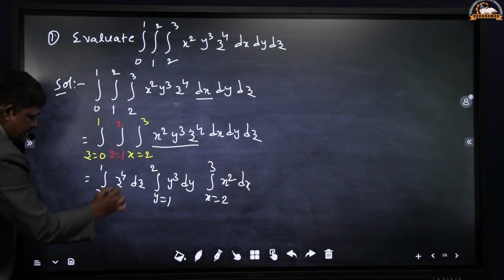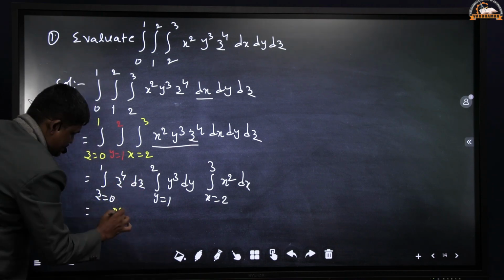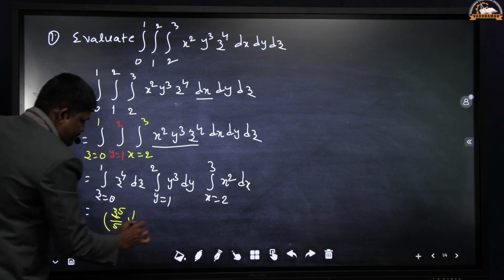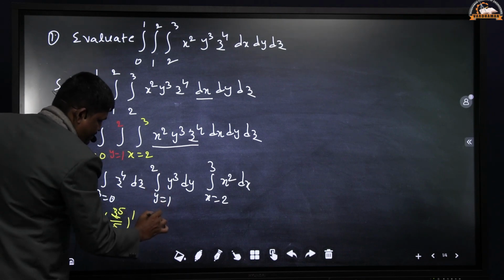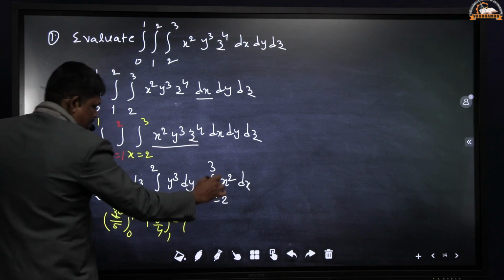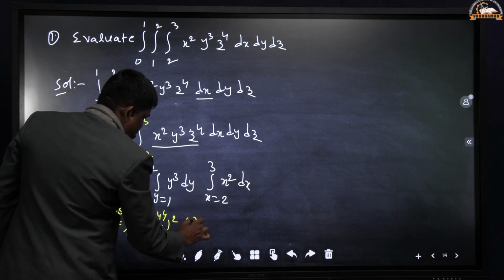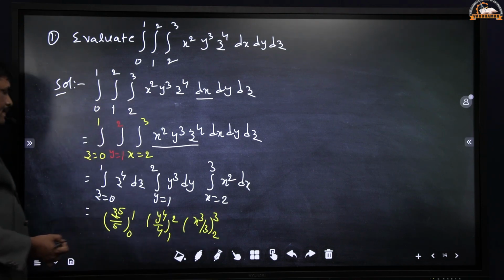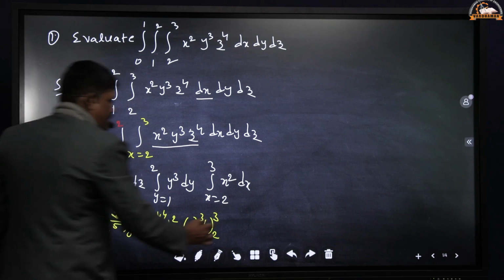Now what is this integration? z power 4 dz will become z power 5 by 5, 0 to 1, this integration will become y power 4 by 4, 1 to 2, and the last integration will become x cube by 3, 2 to 3. Now substitute the upper and lower limits.